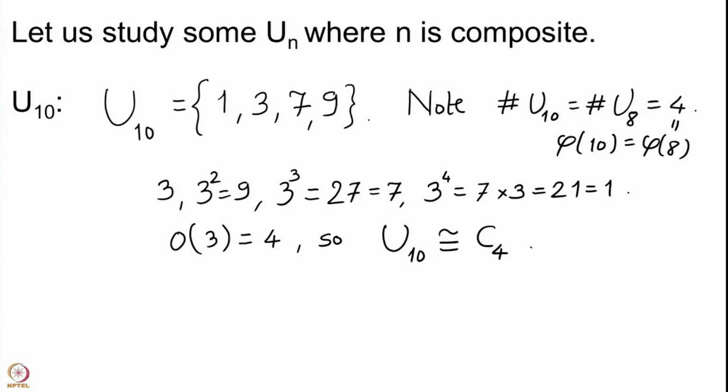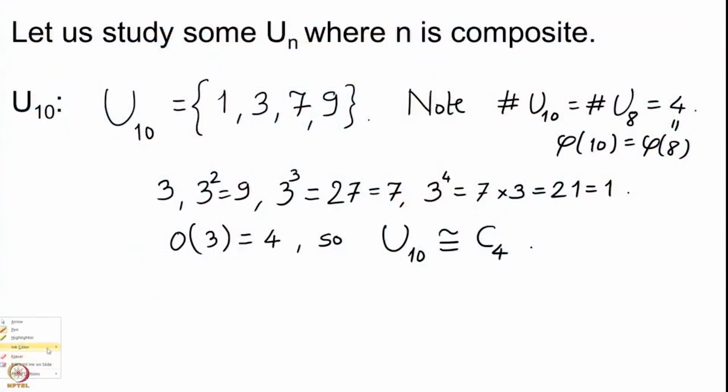So, this is one major thing, because U8 has exactly as many elements as there are in U10. If you were looking at just the number of elements, you would have no way to distinguish U8 and U10. And what we find here is that U8 is isomorphic to C2 cross C2, but U10 is cyclic, it is isomorphic to C4.